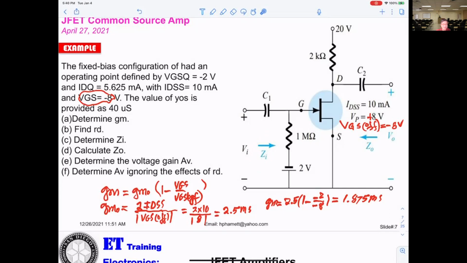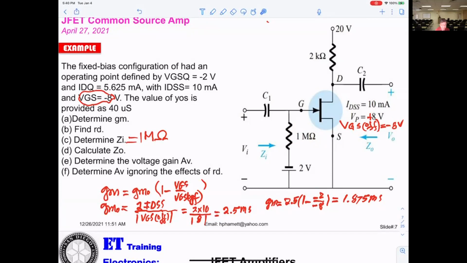They want it to be infinity, but they cannot. Looking into the JFET, the only thing they can see is one megohm, that means this resistor right here.